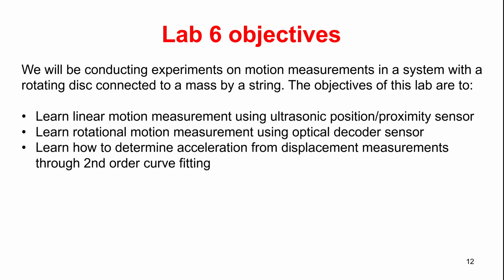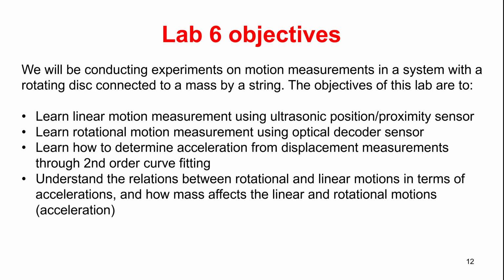And eventually, we are going to learn how to determine linear acceleration from two different methods: directly from the linear motion measurement, and indirectly from rotational motion measurements. And you do have to be very careful here.